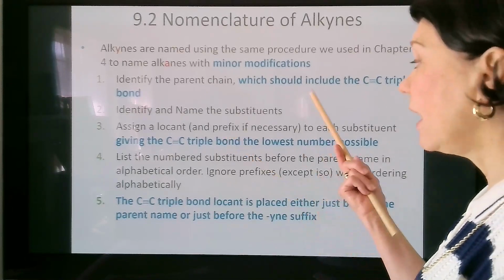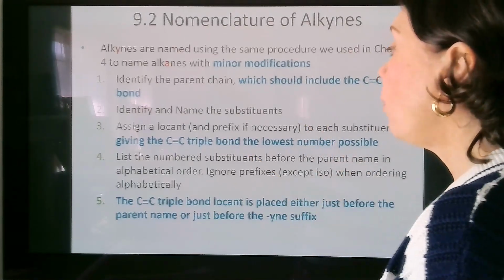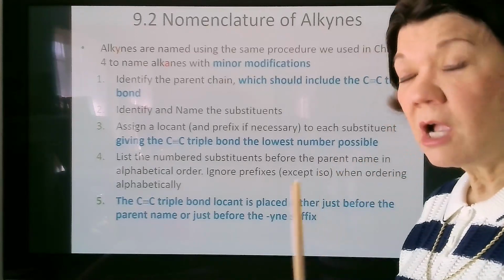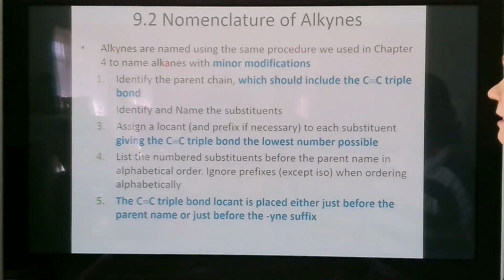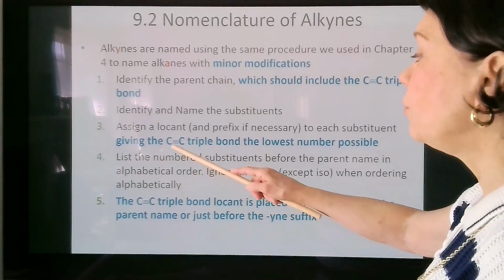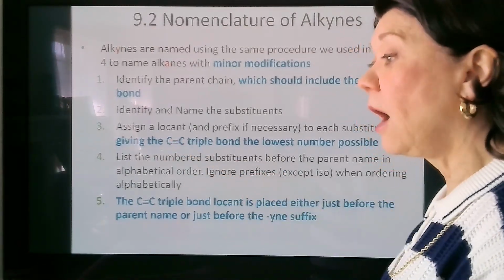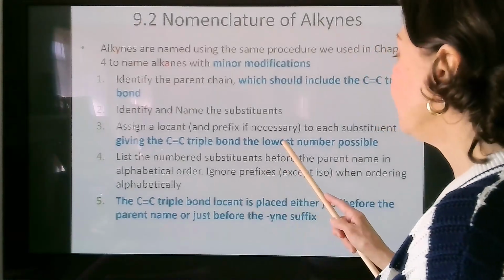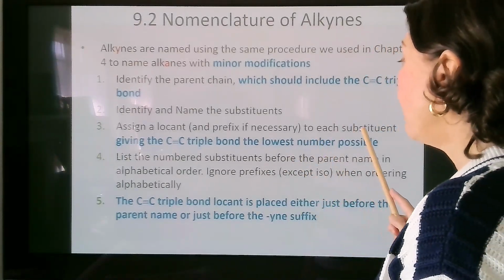So you identify and name the substituents just as before. You assign a locant to tell the position of each of the substituents, and you must give the highest priority functional group the lowest number possible.